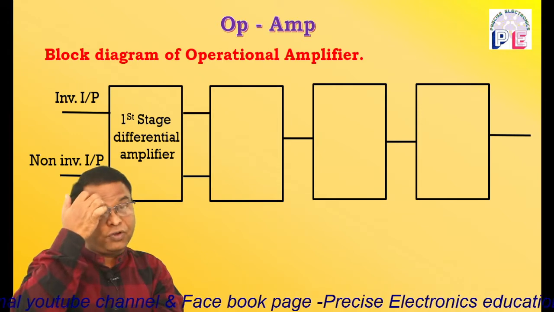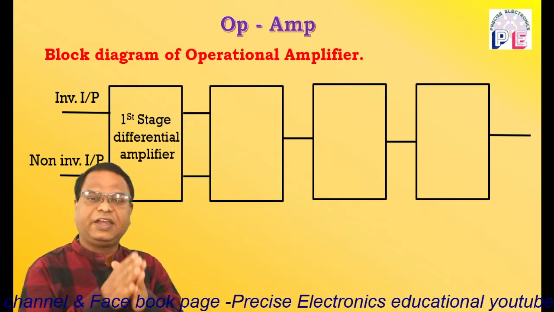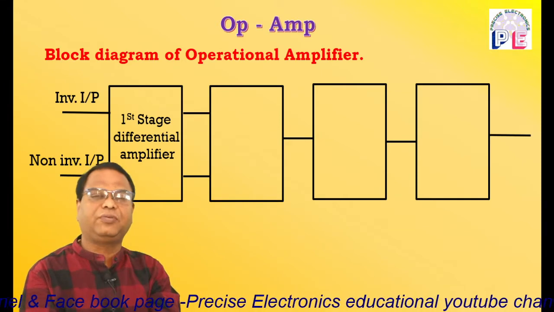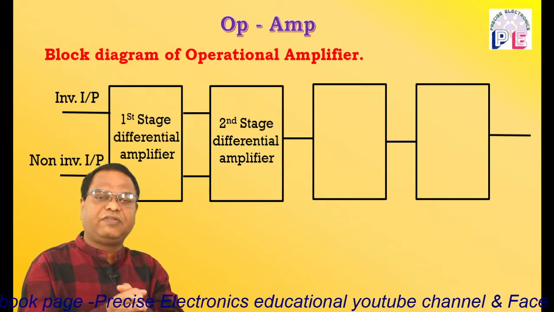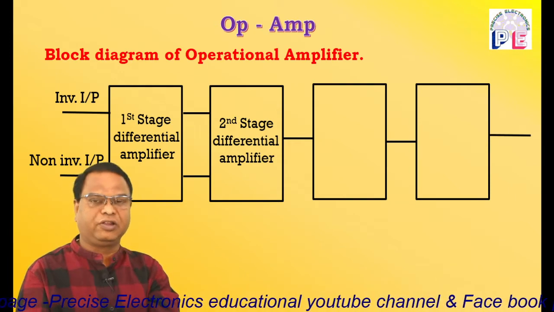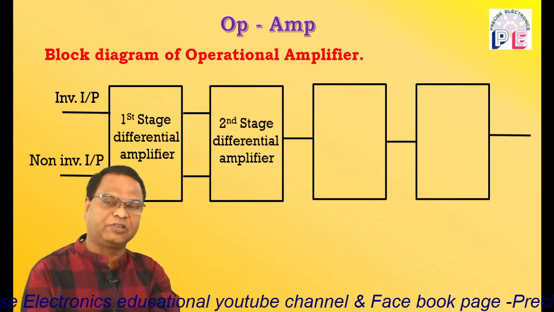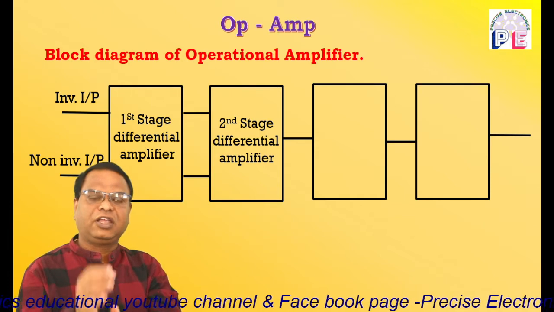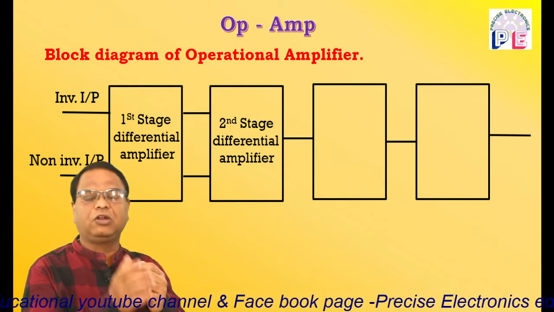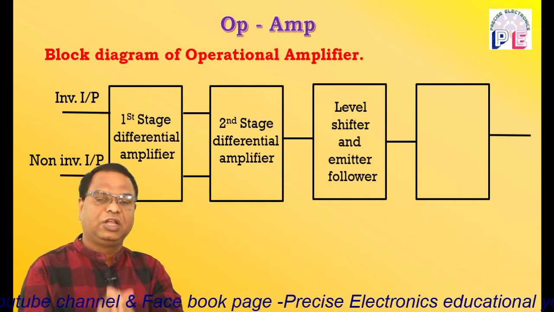The output of the first stage differential amplifier is connected to the second stage differential amplifier. The second stage differential amplifier also has two input terminals, so the output of the first amplifier has two output terminals. The second stage gives an output signal to the next block, that is the level shifter.